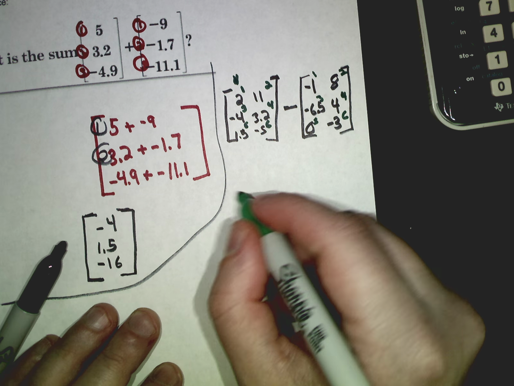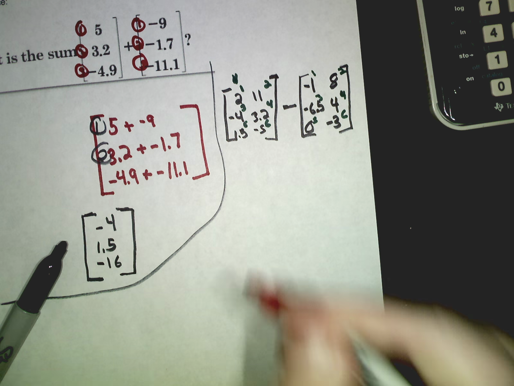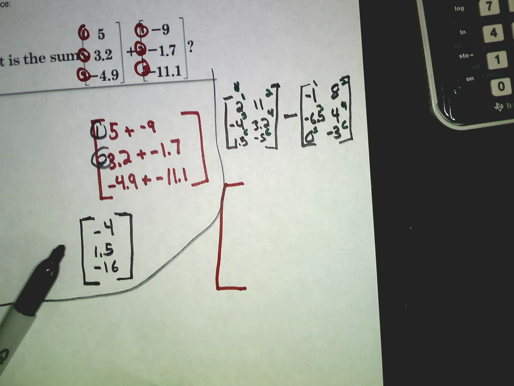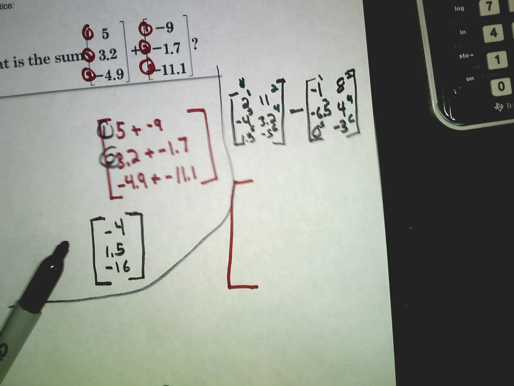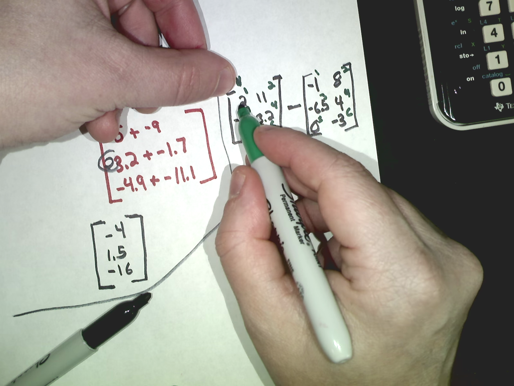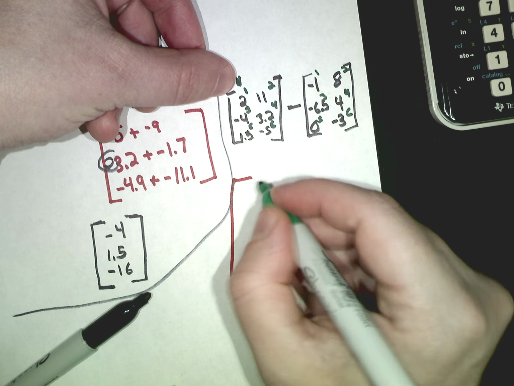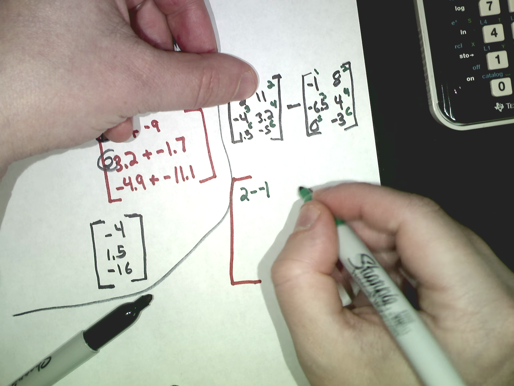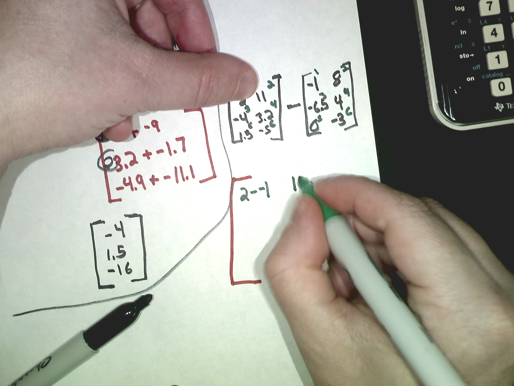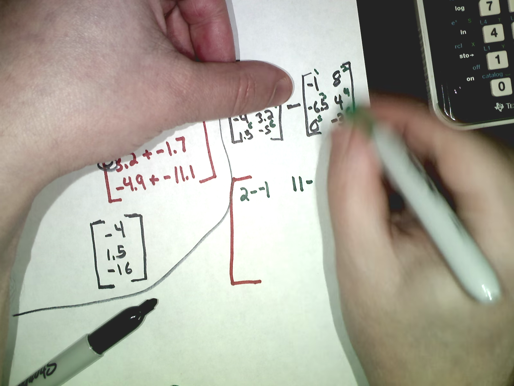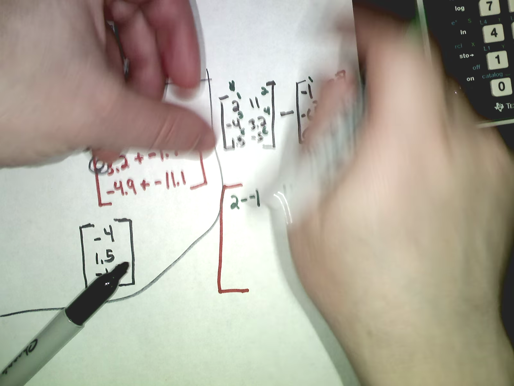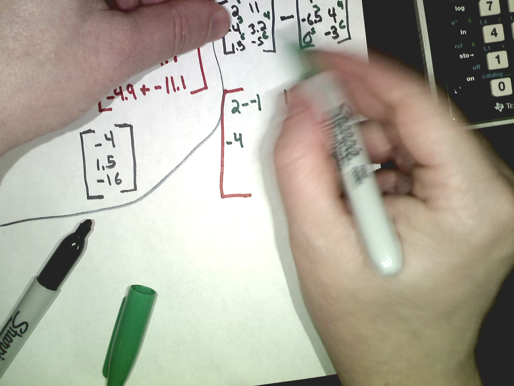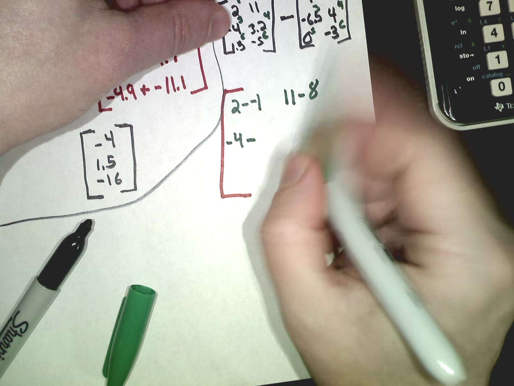Now I'm going to make a much bigger matrix over here, where I'm going to put all the information in. Now, granted, this is going to take up a little room, so let's start writing these down. So the ones, 2 minus a negative 1. Then the next one over is 11. I'm going to do 2 next. 11 minus 8. Then I'll do position 3. Negative 4 minus negative 6.5.